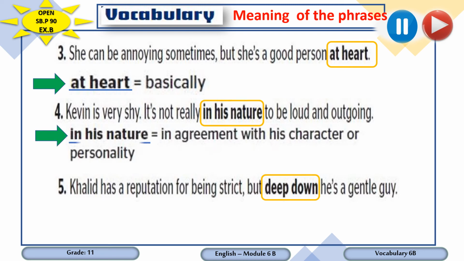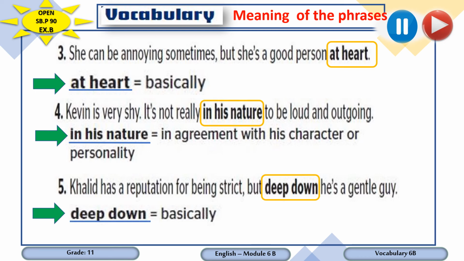So, the phrase in his nature means in agreement with his character or according to his personality. Number 5. Khalid has a reputation for being strict, but deep down he is a gentle guy. So, deep down means basically. So, he is basically a gentle guy.